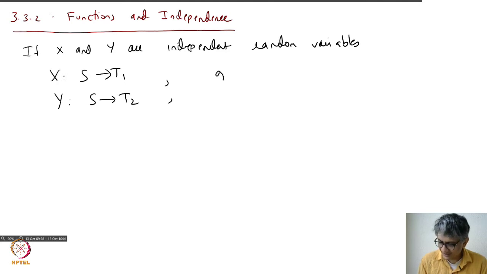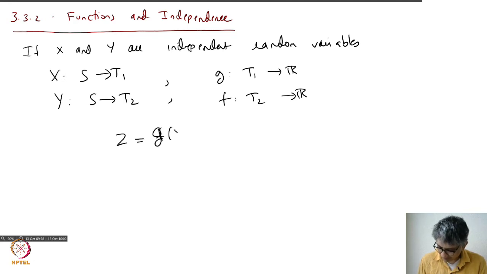Then I have a function g from T1 to R, and a function f from T2 to R. And I look at z equal to g of x, and I look at w equal to f of y.